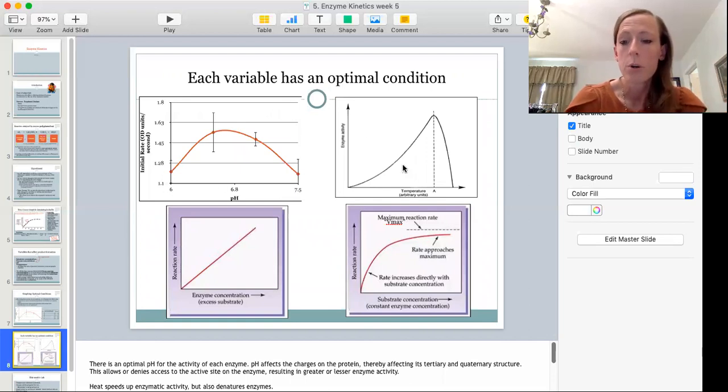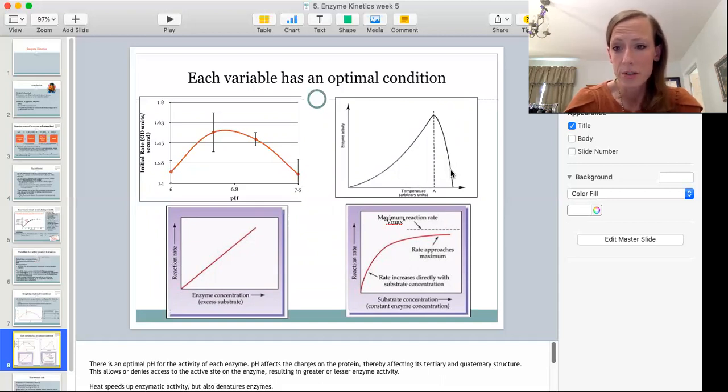Temperature, what you would expect is that with an increase in temperature, you would see an increase in the reaction rate, the initial rate, until you get to a certain point where you will see that the rate dramatically drops.